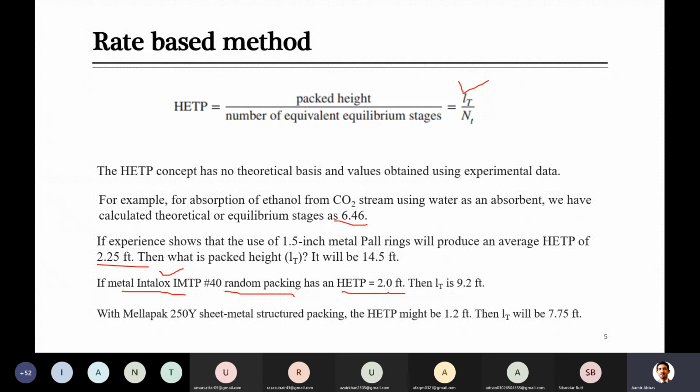So here, when it is 2, the height of the bed is only 9.2 feet for this packing, because it will definitely be more efficient as compared to the first packing.